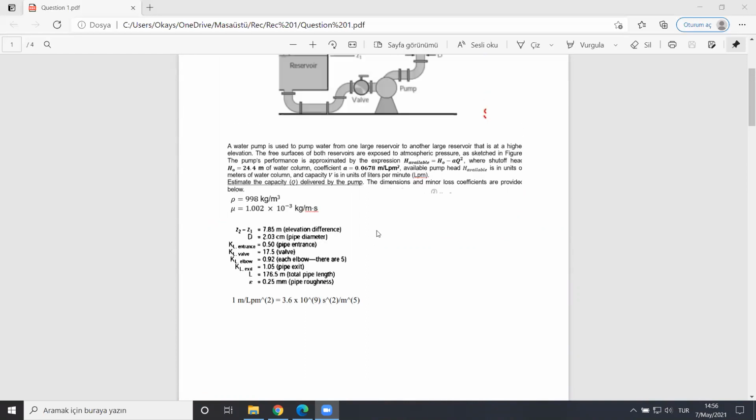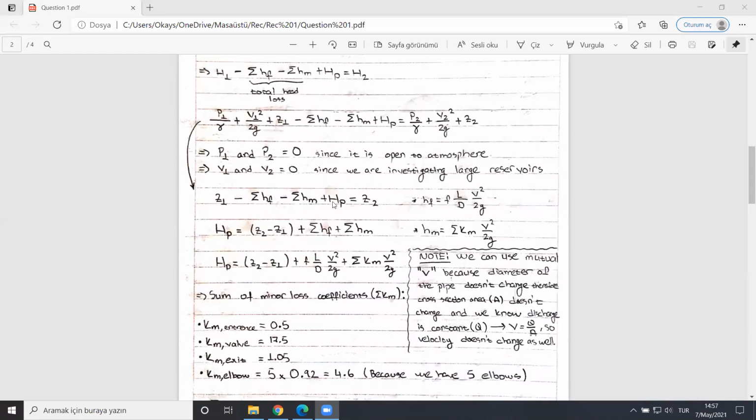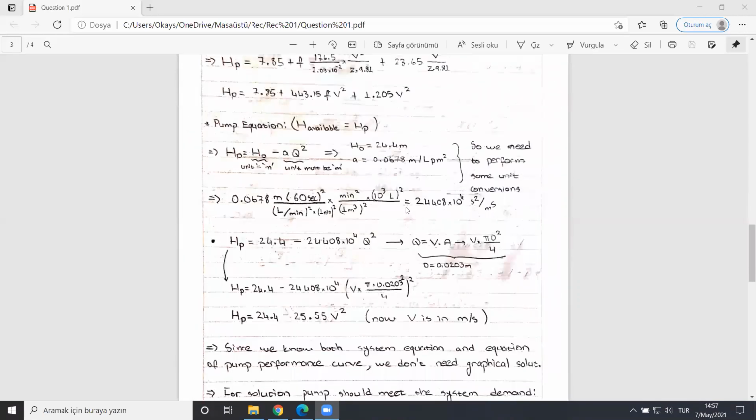So I multiply this value with this one, and at the end, for the A, we get 24,408 times 10 to the minus 10 to the 4 second squared per meter to the 5. We got this one. This is our A. I just did a unit conversion. And I put these two into the equation, H0 given to us and A value. And what do we get at the end? We get this one.